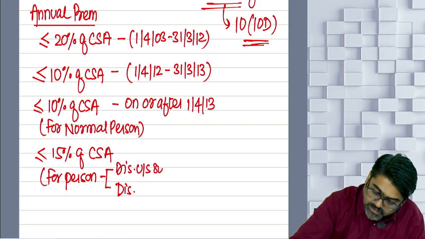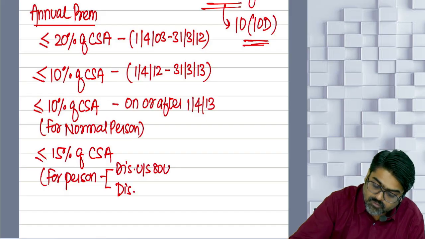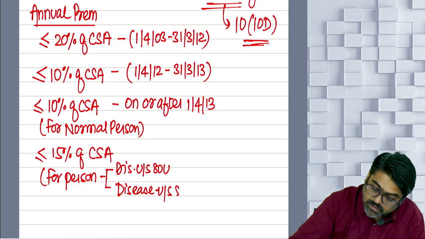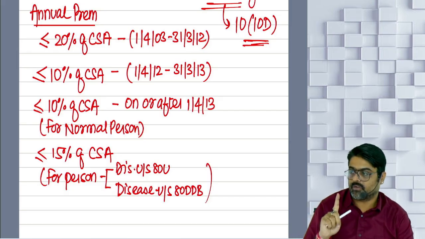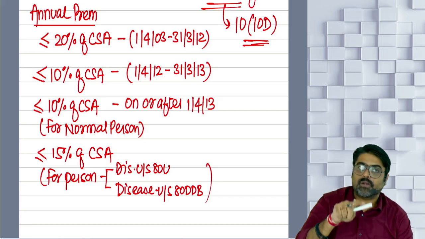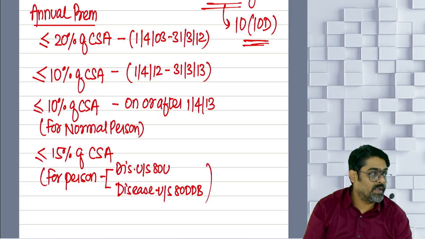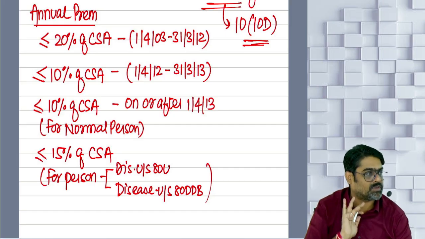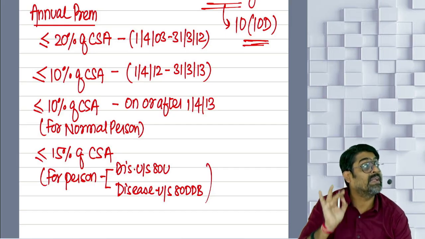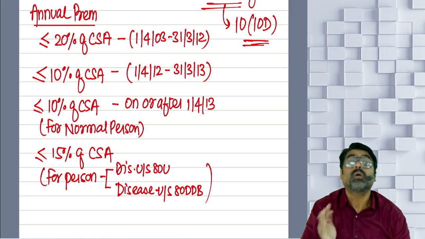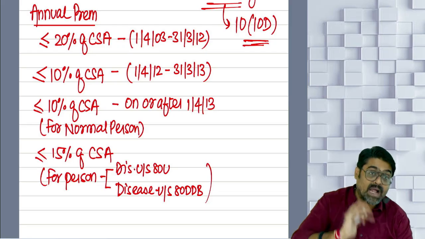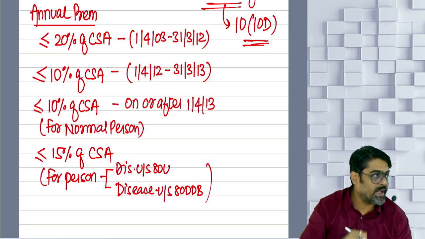Under section 80U, or suffering from disease under section 80DDB. So if the person for whom the policy is taken is a handicap or a person having a specified type of disease, for that person if the policy was taken on or after 1st April 2013, then the annual premium on that policy should not be more than 15%.